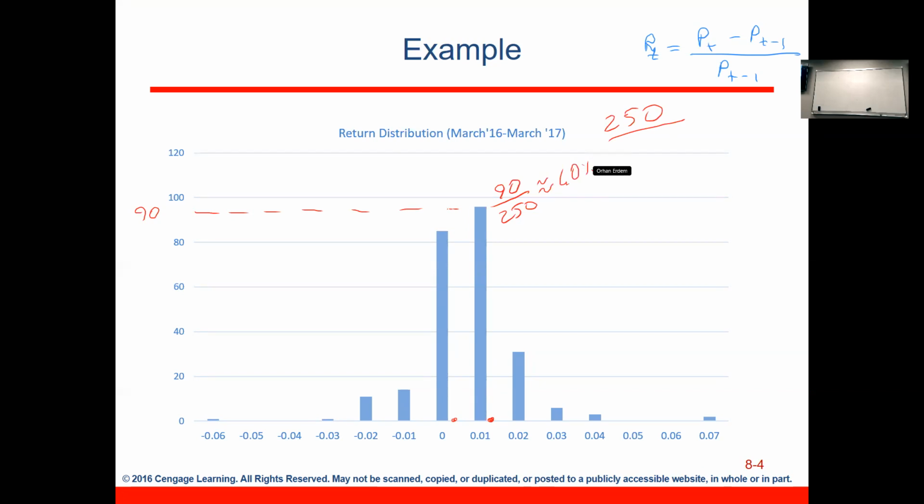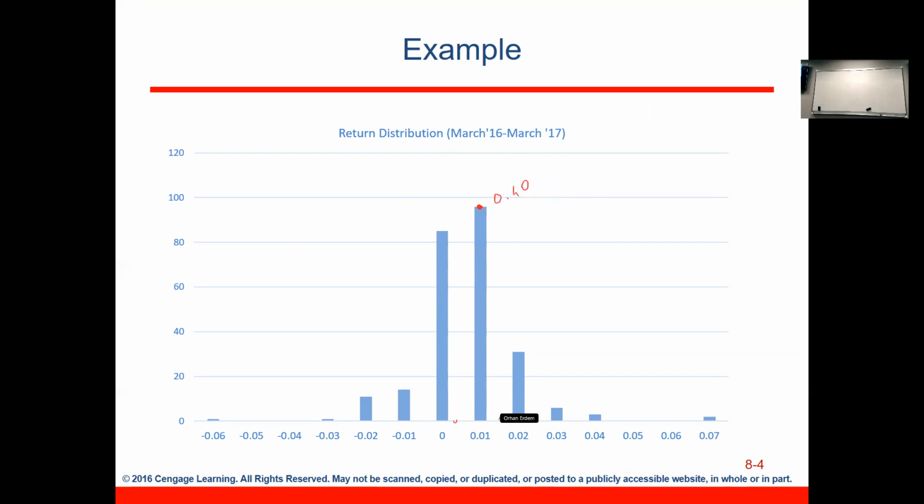Historically, between March 2016 and 2017, Apple stock's realized returns happen to show like a 40% probability of return between 0 and 0.01, or 1%.